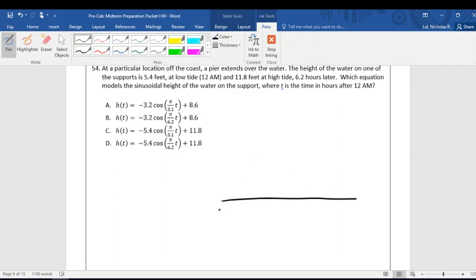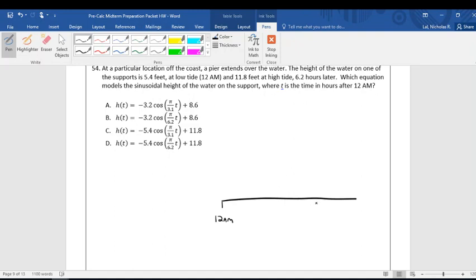So this is 12 a.m. and this is going to be, by the way, 1/10 of 1 minute is 10 minutes.